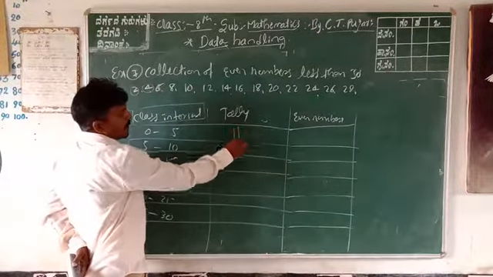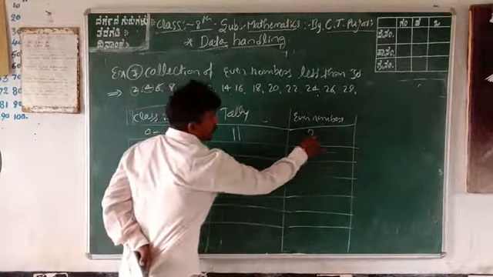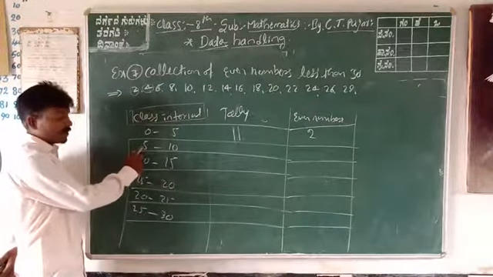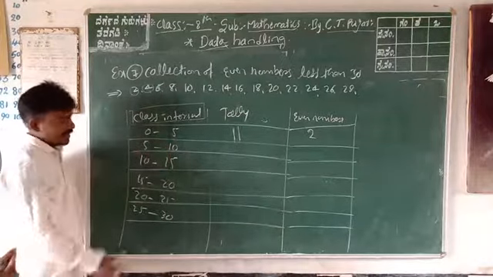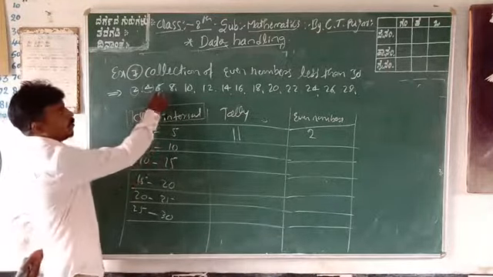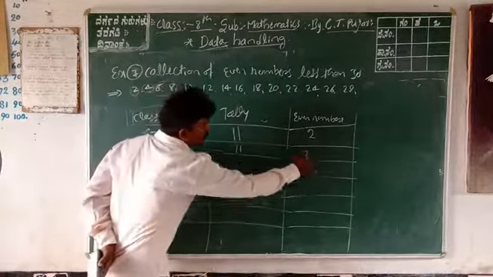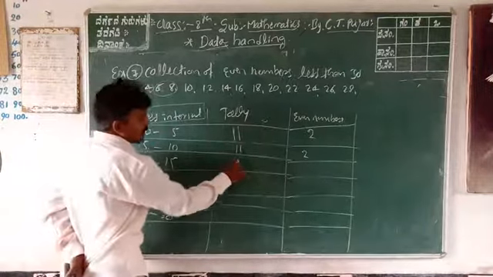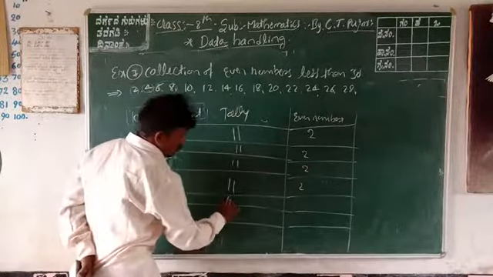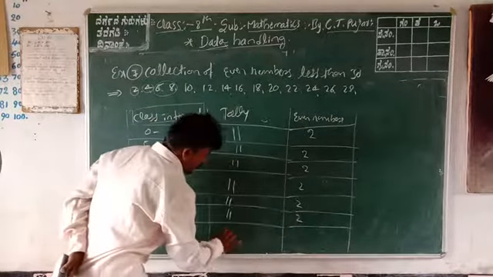You can write tally marks for this. Next, for 5 to 10, the second class interval, only 2 numbers are here, 2 tally marks. Again this is also 2, and the next is also 2.